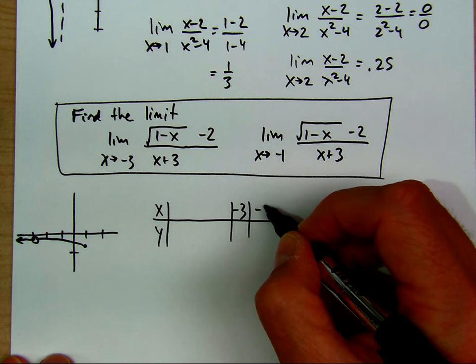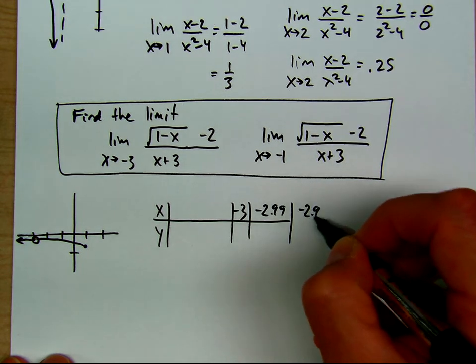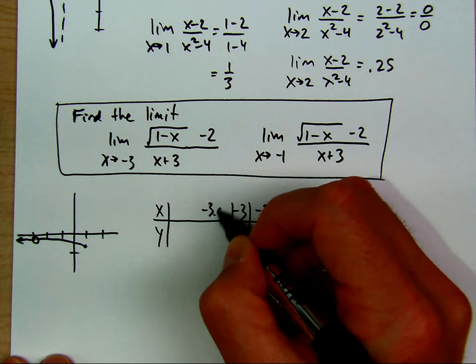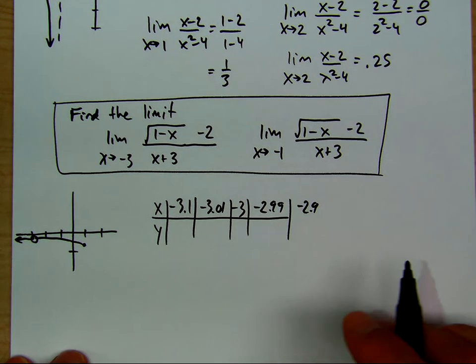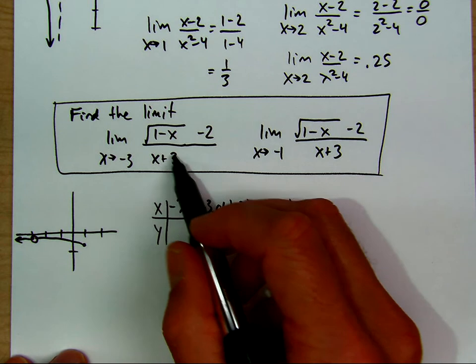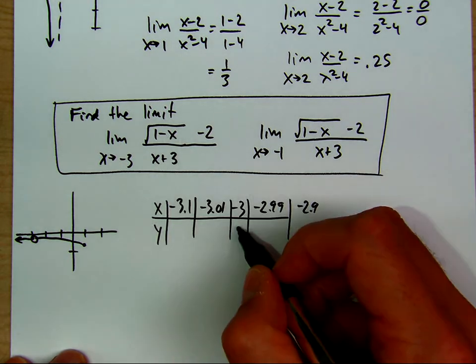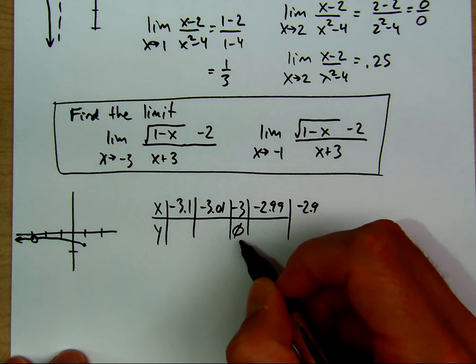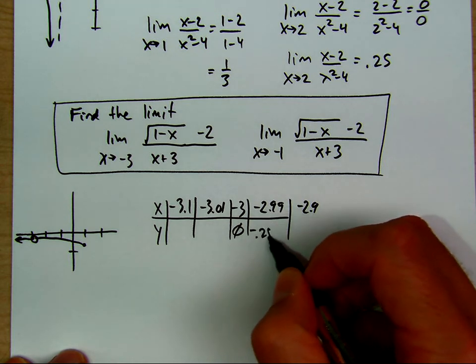We have to get close to -3. If we substitute -3, it's undefined, 0 in the denominator and 0 in the numerator, so that's undefined. It's indeterminate.